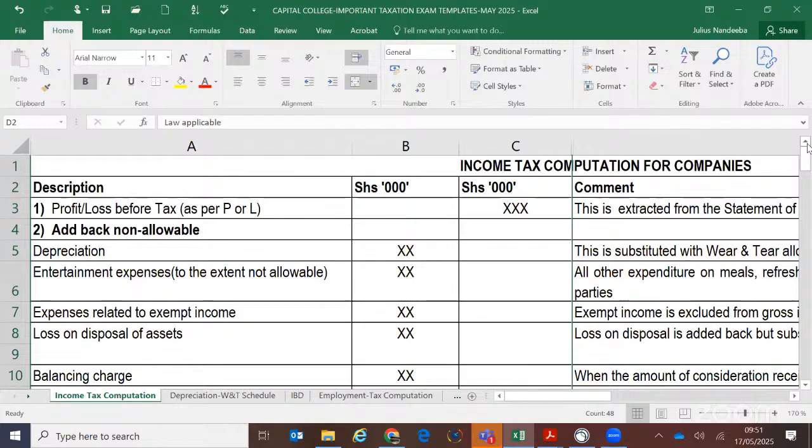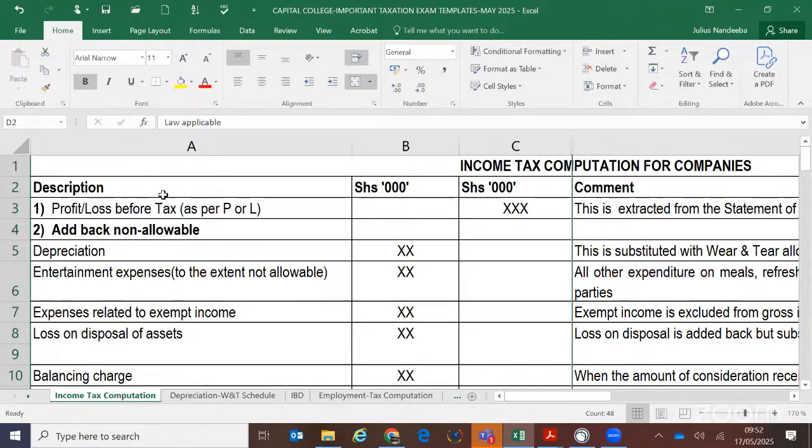So my assumption is you draw 3 columns in your tax computation. Column number 1 is where you're going to be putting your items. This is the description, the particulars, whatever you want to call the heading. We don't mark the heading. Either you call it particulars, you call it a description, you call it whatever. Column number 2 is where you're going to be putting the figures of the details.